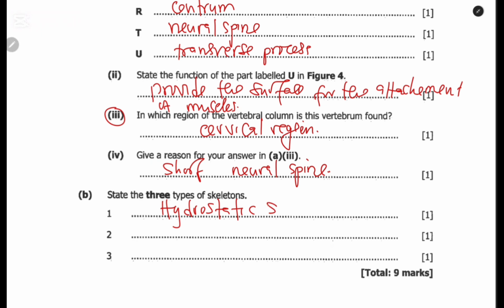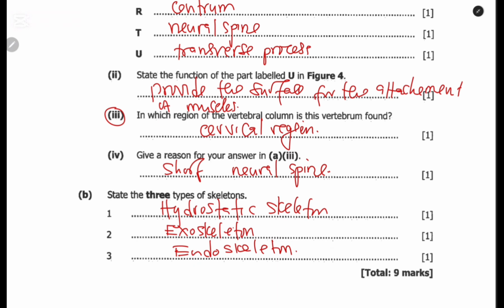So hydrostatic skeleton. Then we have exoskeleton. One of the questions that we expect in essay questions is to describe the types of skeleton. So exoskeleton and also endoskeleton, of course with examples. These are the skeletons that we have.